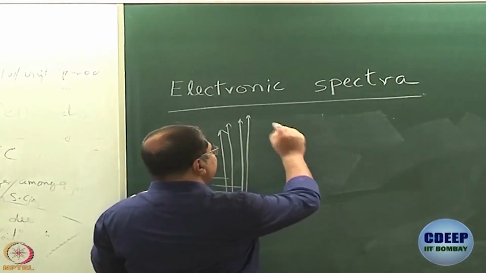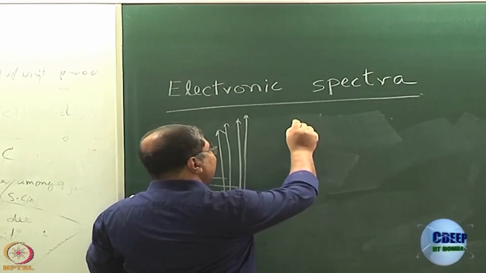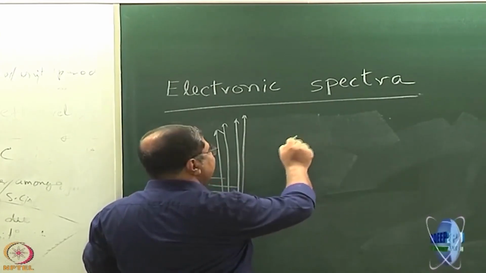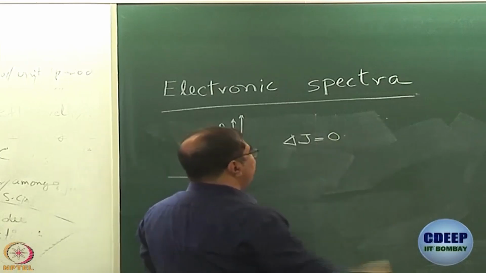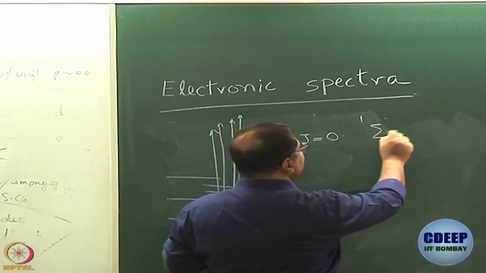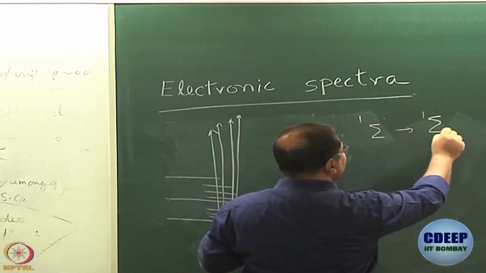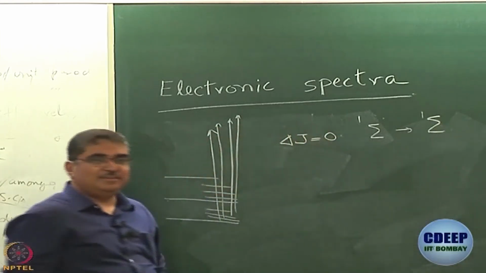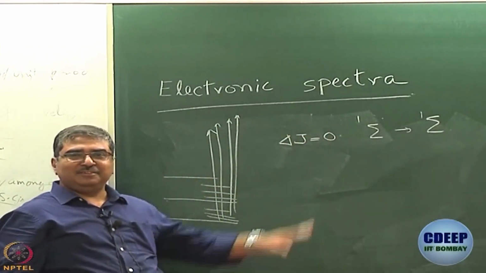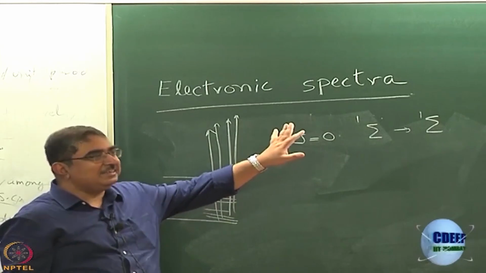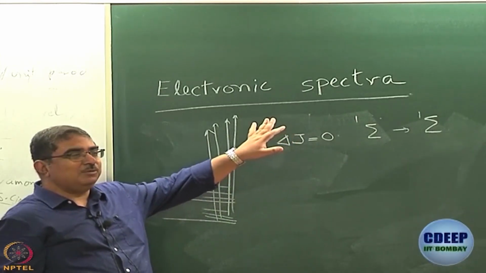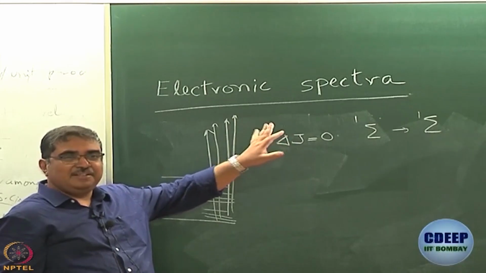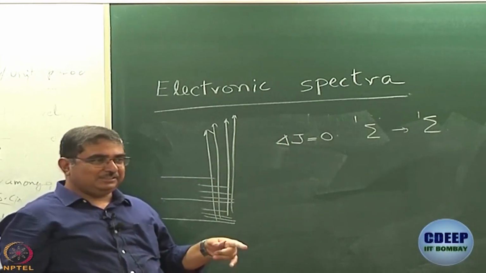So, the selection rules you have are, well, we are talking about once again diatomic molecules, delta J equal to 0 for singlet sigma to singlet sigma kind of transition. Greek and Latin, if not Roman, right. What is this small 1 large sigma? We are going to learn in detail tomorrow onwards.